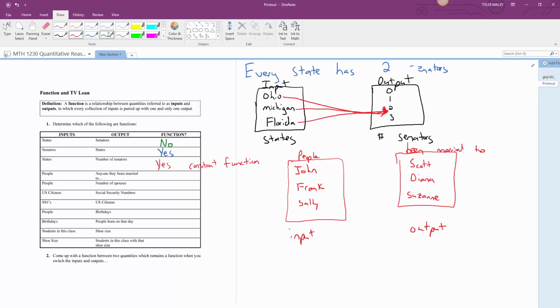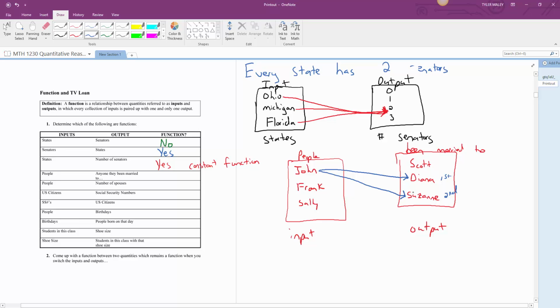So think of an example. If we're getting anyone they've been married to, maybe John has been married twice. Maybe John was married to Diana, and then John secondly married Suzanne. So maybe this is his first wife, and this is his second wife. This is an example where we're inputting a person and getting two different outputs. That's not uncommon, not unheard of for someone to be married to more than one person.